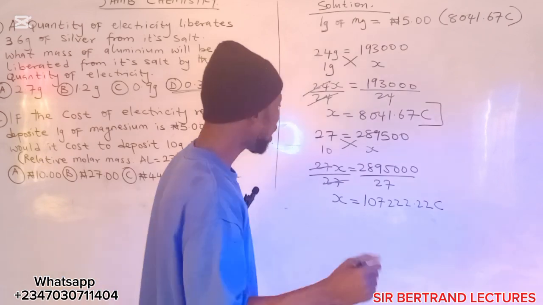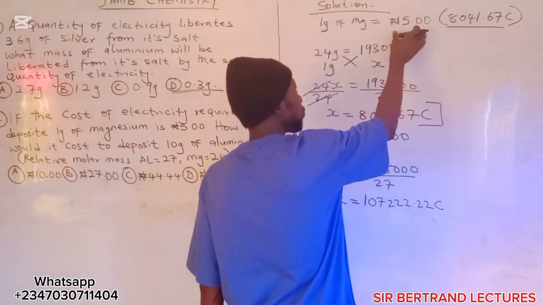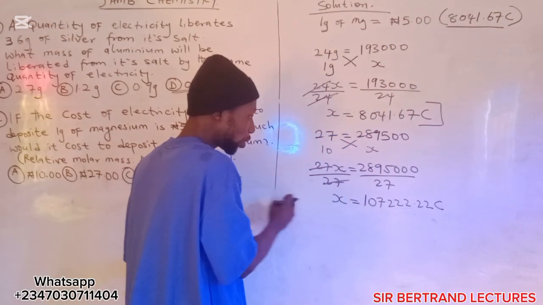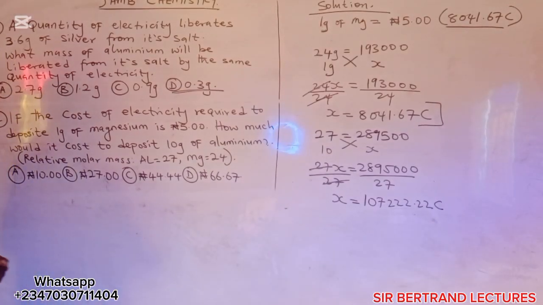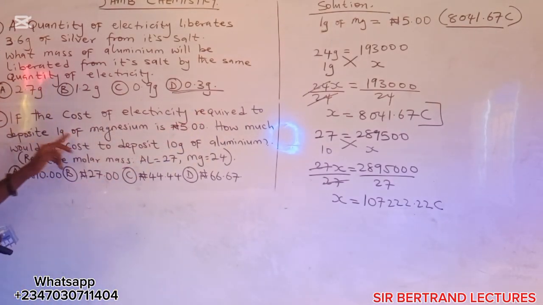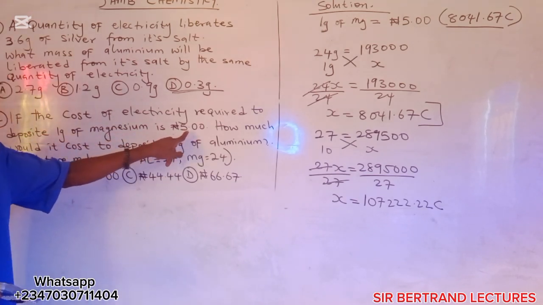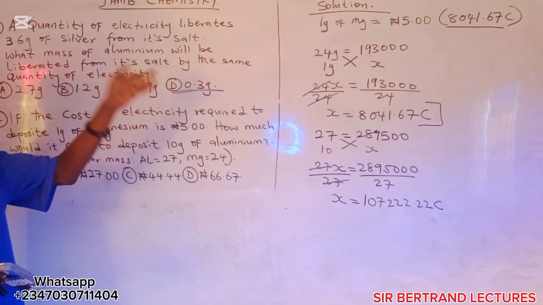In that case now, this quantity will cost 5 naira. How much will this quantity cost? That's what the question is asking us. The cost of electricity required to deposit 1 gram of magnesium is 5 naira for that quantity of electricity.